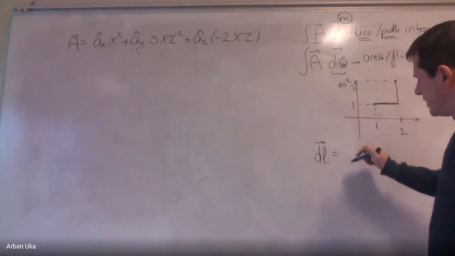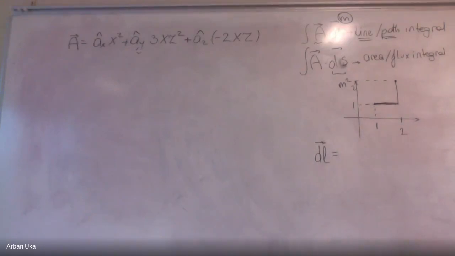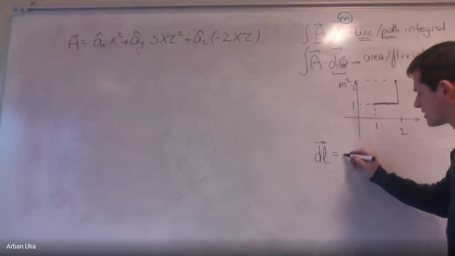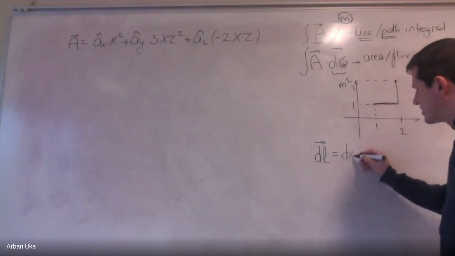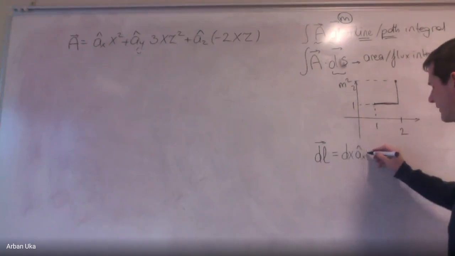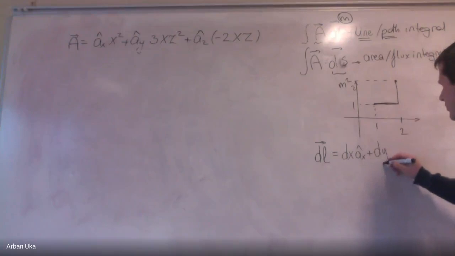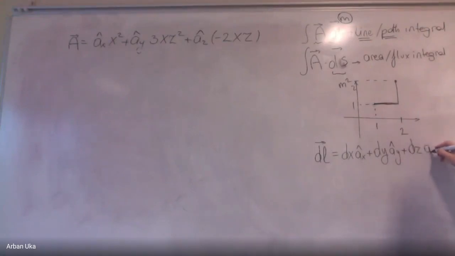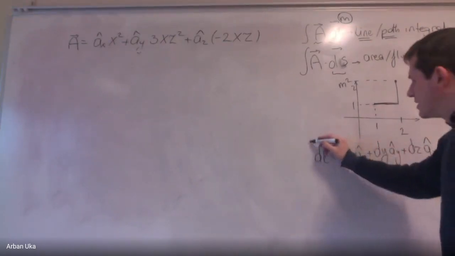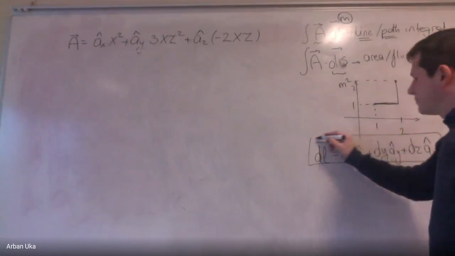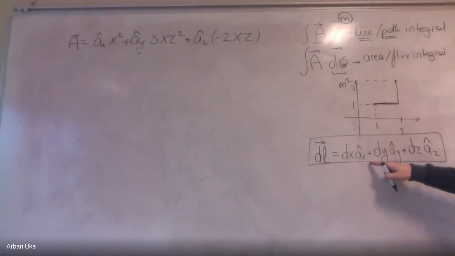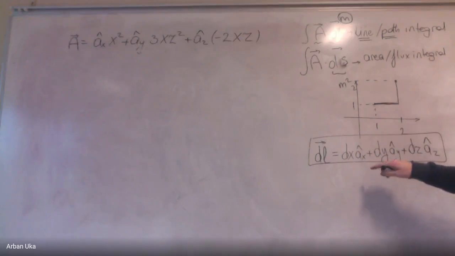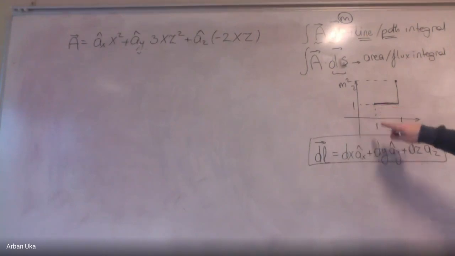So this dl is written as any infinitesimal displacement along x, which is denoted dx along ax, plus any infinitesimal displacement along y, which is dy times ay, plus dz az. Okay? This is the most important thing. There's nothing to memorize, you just write this on the formula sheet and you should be good. So this is dl.